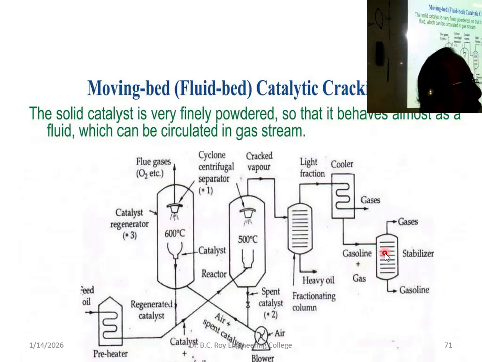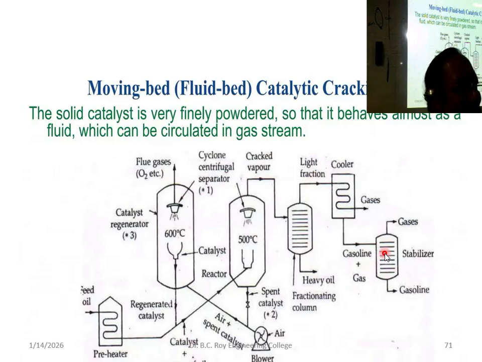Depending on composition, it can be 12, 13 liter of gas produced in this small space. So how much pressure will be generated? By that pressure, one valve will open up and the gas mixture will go out. That is called exhaust stroke.